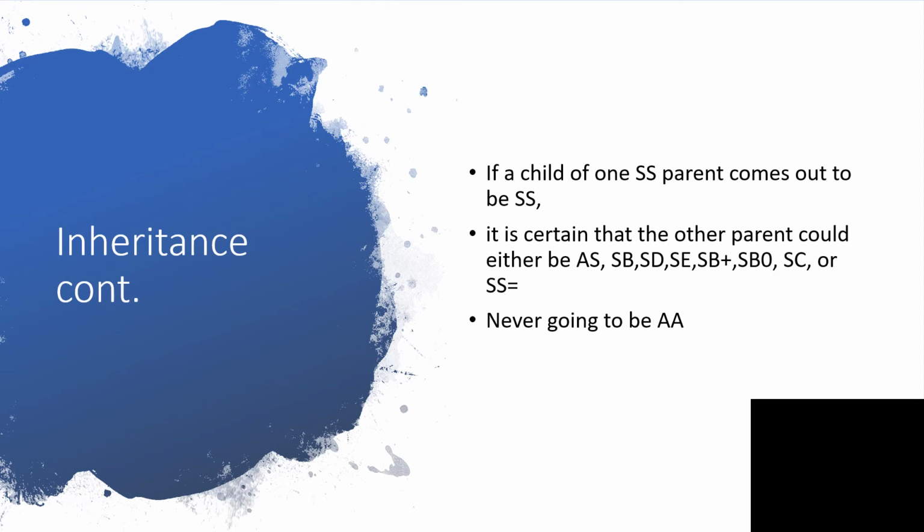If a child of SS parents comes out to be SS, it is certain that the other parent could either be AS, SB, SD, SE, SB plus, SBO, SC, or SS. Mark my words, the other parent can never be AA. Let me repeat myself.